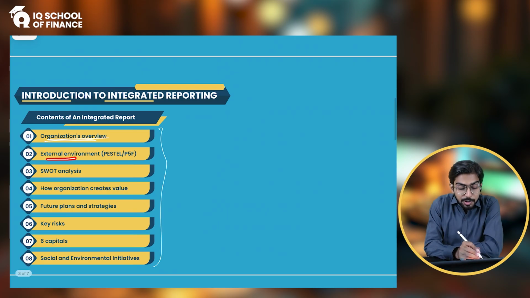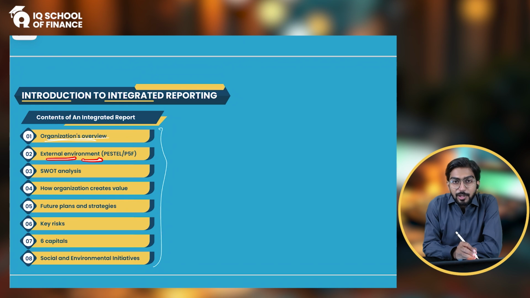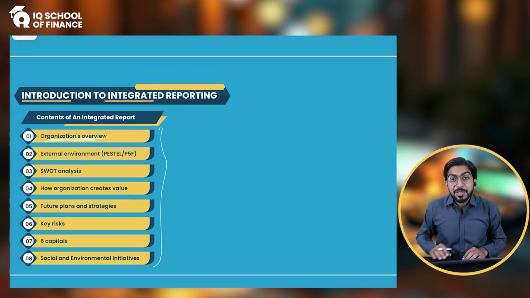Then the external environment analysis. How many of you are able to recall this word? This is something that we have already covered. The external environment analysis, the PESTLE analysis, Porter's Five Forces, right?